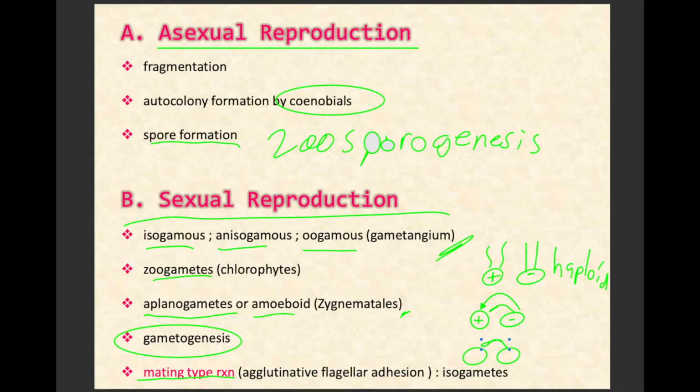That's your plasmogamy, and then what will happen next is your karyogamy, which means the fusion of your nuclei to form your diploid. So pag nag-fuse na yung nuclei nila, it will form now your diploid organism. Diploid organism. So yeah, those are your agglutinative flagellar adhesion.